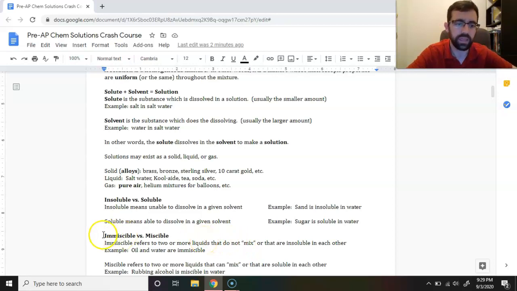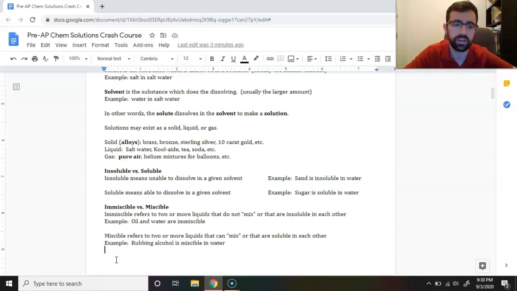Now, immiscible and miscible are very similar, but specifically talk about liquids mixing in liquids. An immiscible substance is a liquid that does not mix in another liquid. Examples would be oil and water, which are immiscible because you cannot dissolve them in one another.